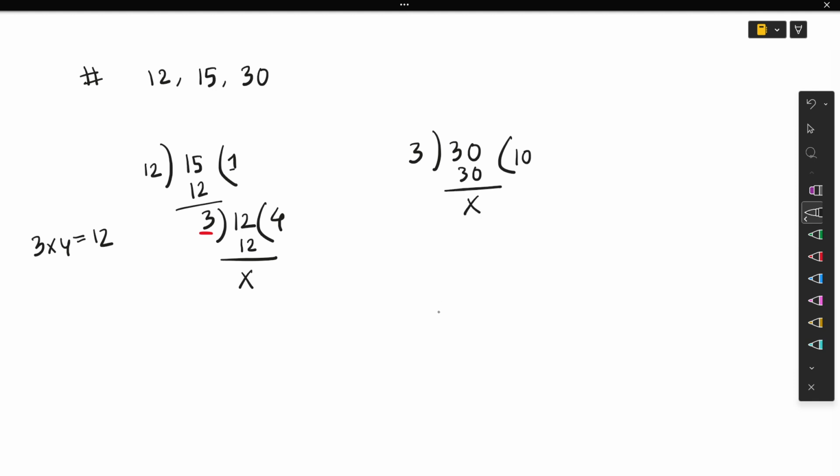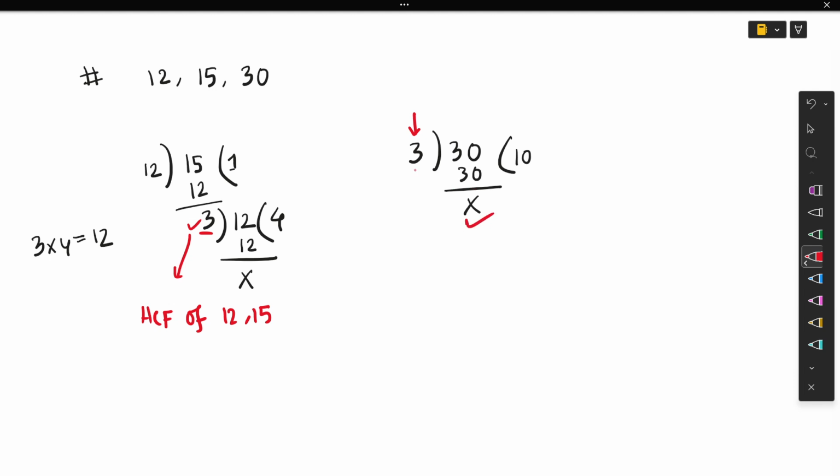So we have 0. So 3 is the HCF of 12 and 15. Okay, and if we divide 30 with 3, we also have no remainder.